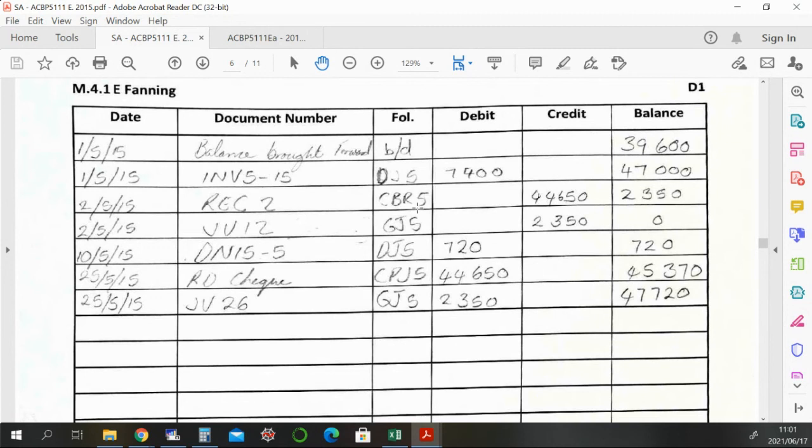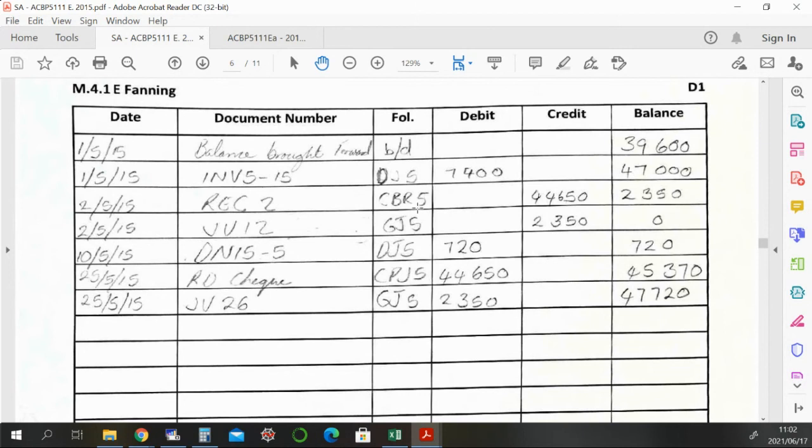But as we go along, on the 10th, we see it was realized that invoice INV5-15 was undercast by 720. Fanning was contacted in this regard, and she accepted the debit note for the amount. In other words, she accepted that yes, she's been undercharged, and she's willing to pay that difference.